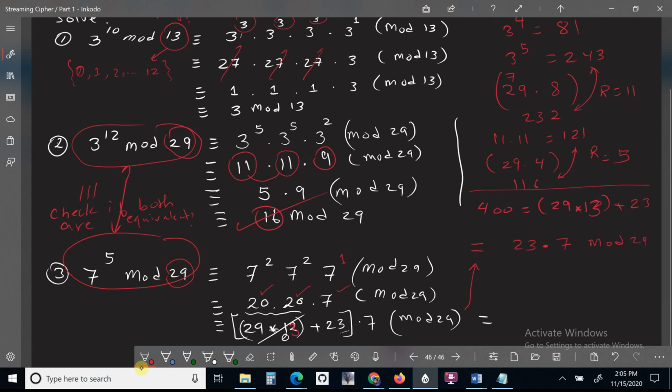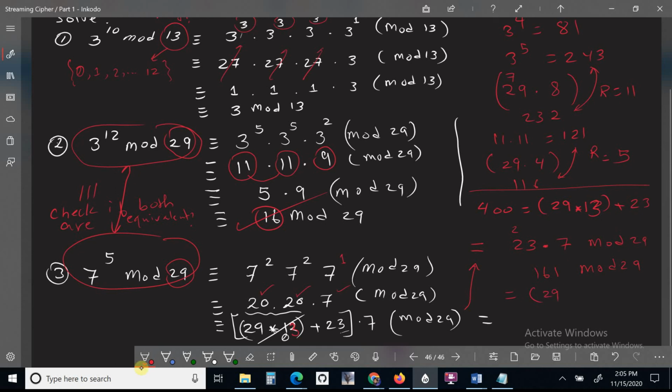So again, when you multiply 7 times 23, this will give us 21. This is 2. 7 times 2 is 14, and that's 16. So it's 161 mod 29, and obviously then we'll try to factor it with respect to 29.